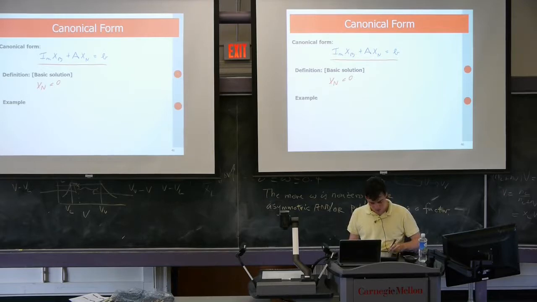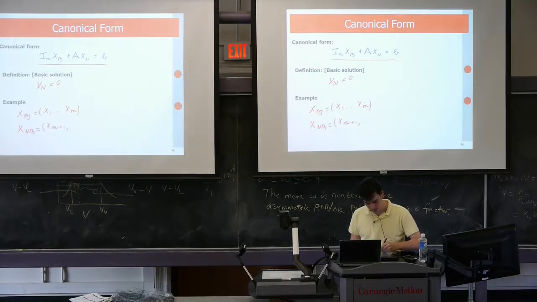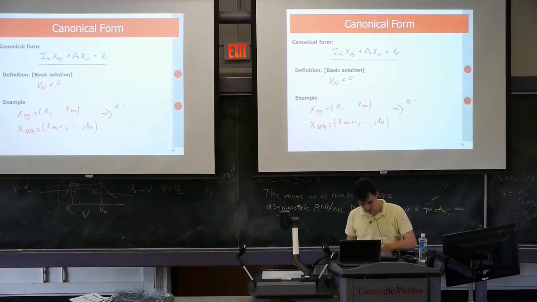For example, if the basic variables are x1 through xm, and the non-basics are the others, xm plus 1 through xn, then the basic solution would be x1 is b1, x2 is b2, and so on, xm is bm, and all the others, xm plus 1 through xn, are 0.